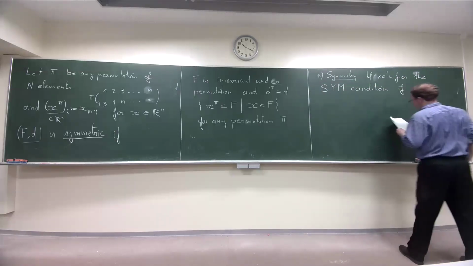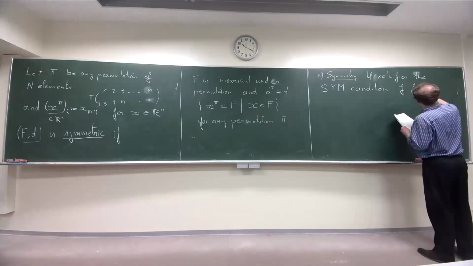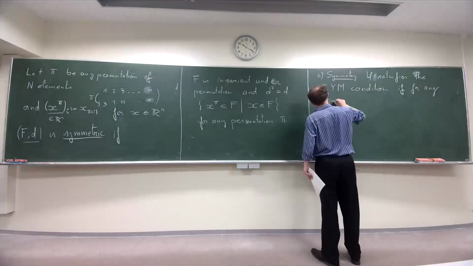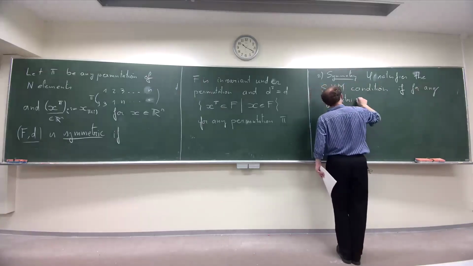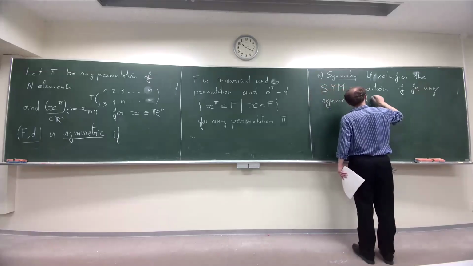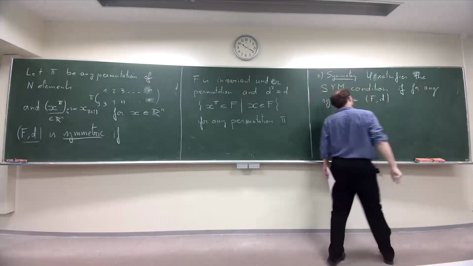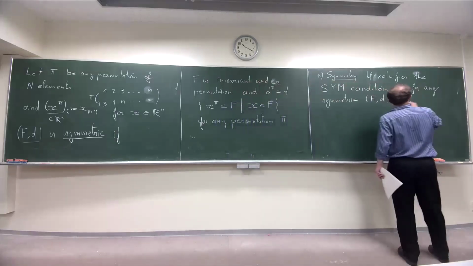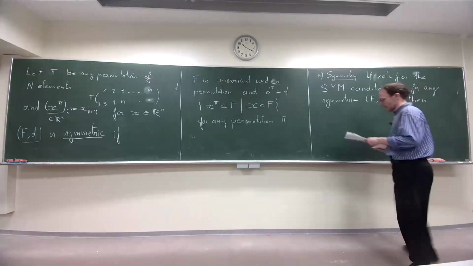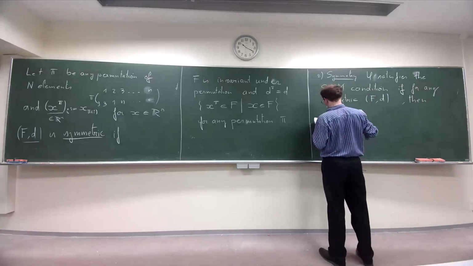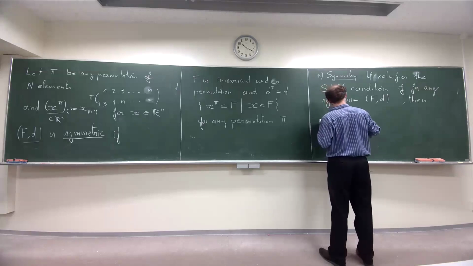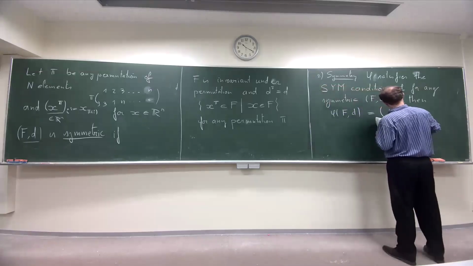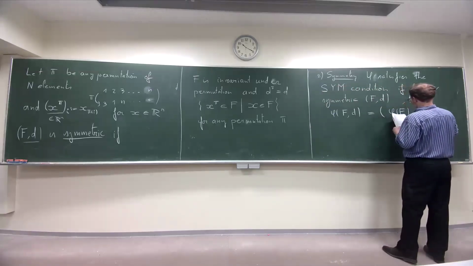If for any symmetric game, so we start with a symmetric bargaining problem, then pi of Fd is equal to pi of F. Oh no, sorry.